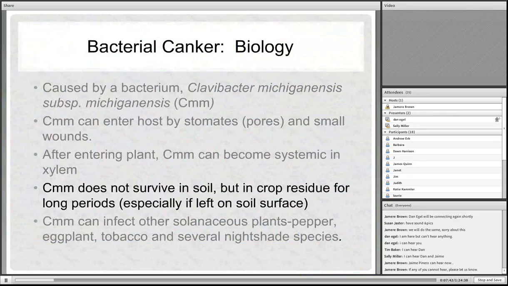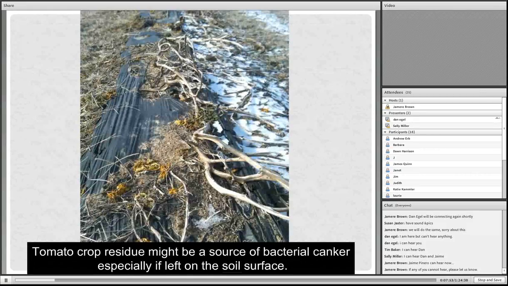So CMM does not survive in soil itself, but it survives in crop residue for long periods, especially if left on the soil surface. In this photograph, you can see the tomato crop is on the surface. This is obviously winter. This tomato crop was not plowed in, and it was left on the surface.